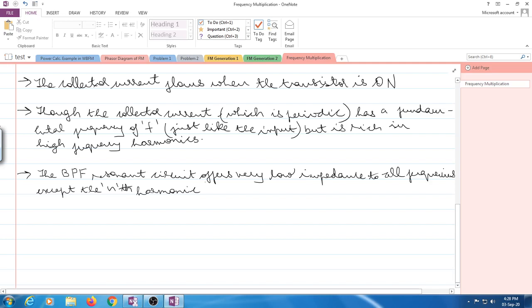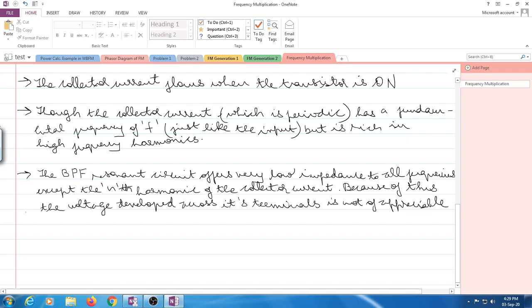Because of this, the voltage developed across its terminals is not of appreciable value for all harmonics except the nth harmonic.